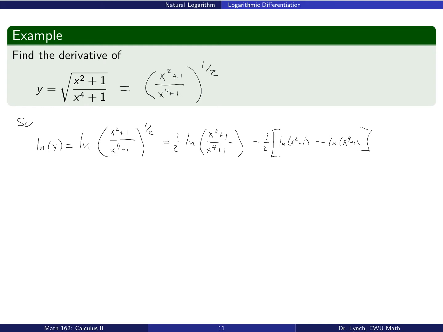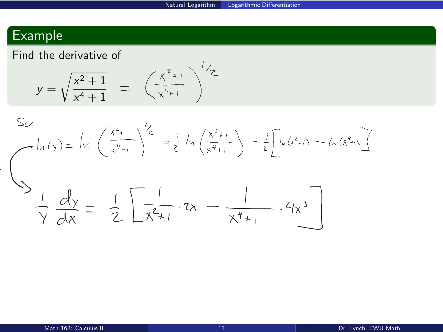So we can see that the natural log of y, when y is powers and products and quotients, will be just sums and differences, which is much easier to differentiate. So let's look at the derivative of the natural log of y, and again, we'll use implicit differentiation here.